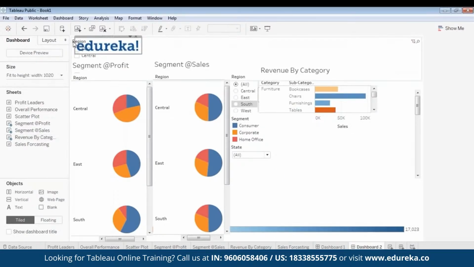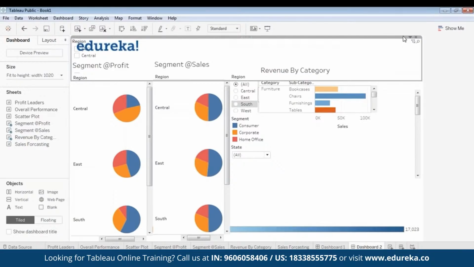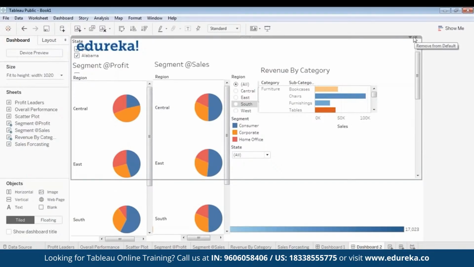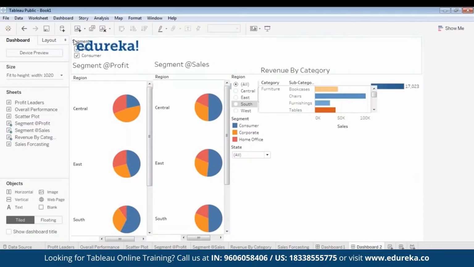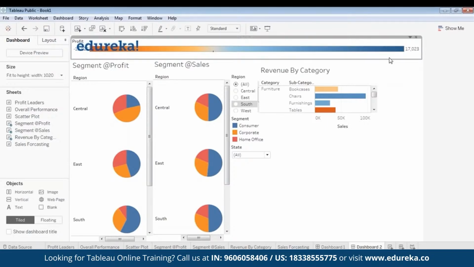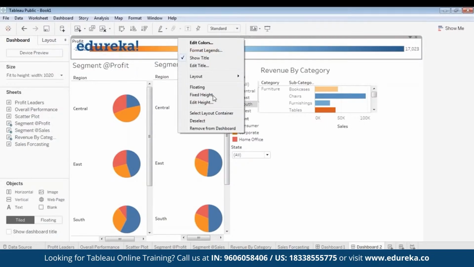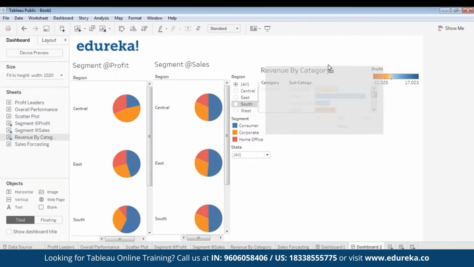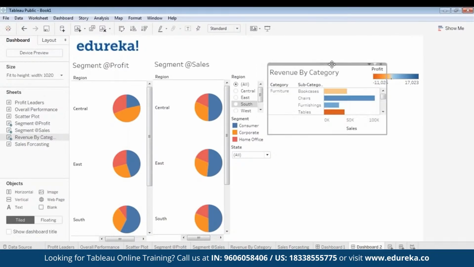Now again, multiple filters are over there, right? Let me just remove this filter as of now. Let me keep this right now. Floating, scroll it here. Now let's put this sheet.